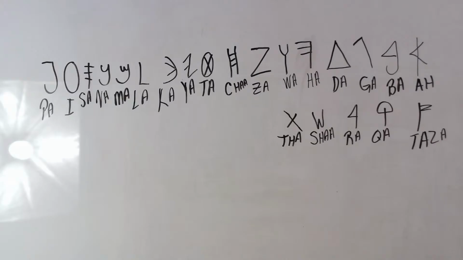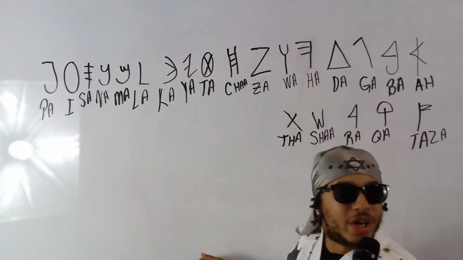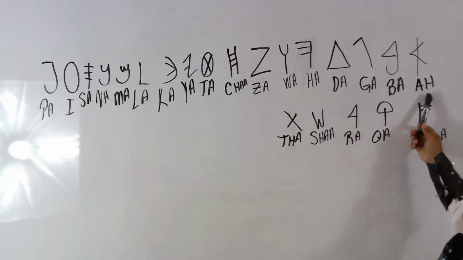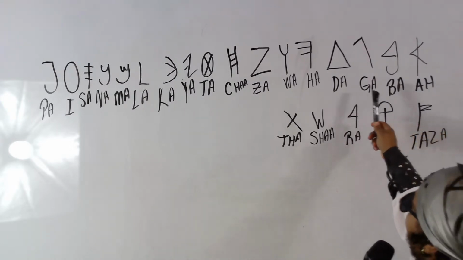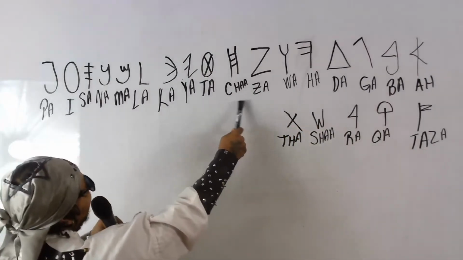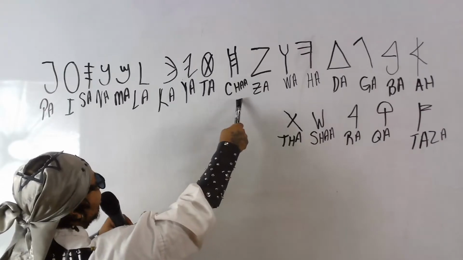All right. So now we have 22 characters in the Hebrew alphabet. Give Trooper Aquani a hand. We have 22 characters, ending at the character Tha. Ba, Da, Ha, Wa, Za, Cha. This isn't Cha, this is Cha, the Middle Eastern pronunciation.